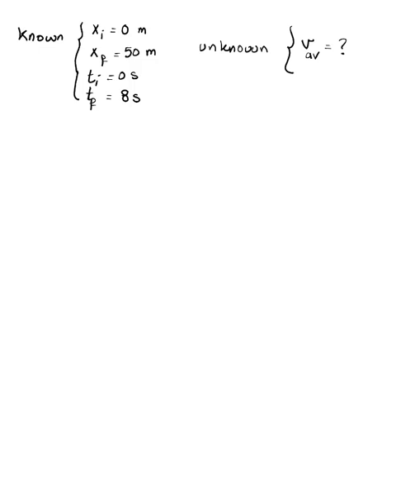The only thing I need is a proper equation, and the proper equation is v average equals delta x divided by delta t. I can expand this and write it as x final minus x initial divided by t final minus t initial.